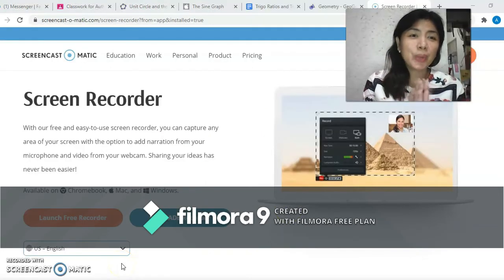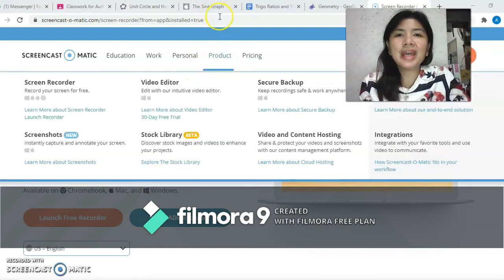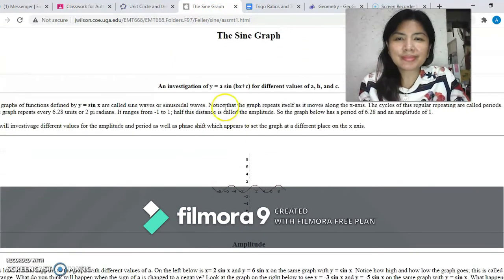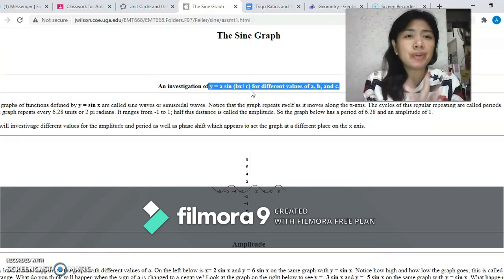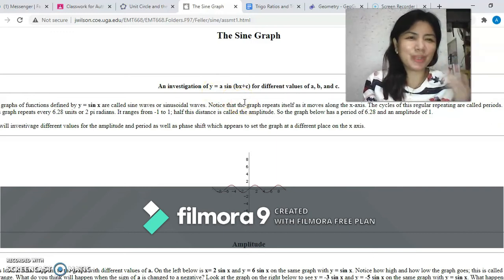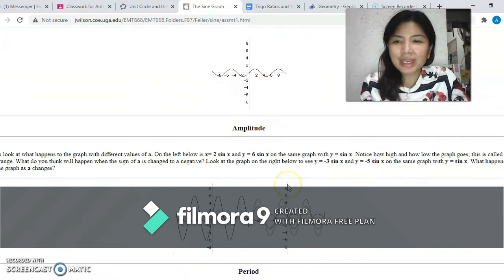Now we will describe the implication or the significance of the value C in the sine function, the standard form: y is equal to A sine bx plus C. So what does C imply?